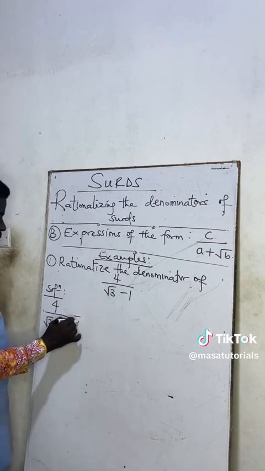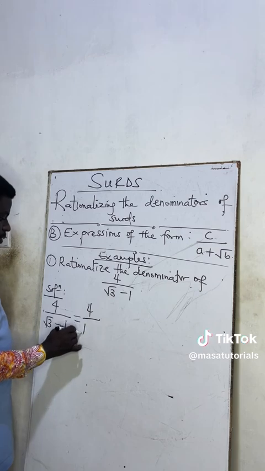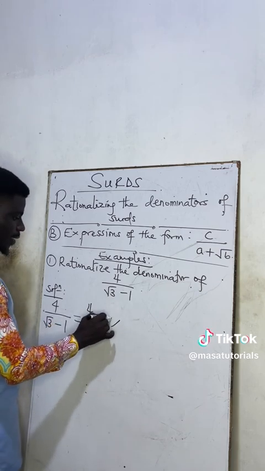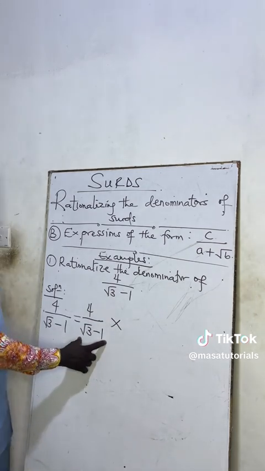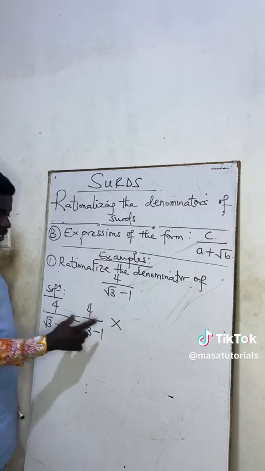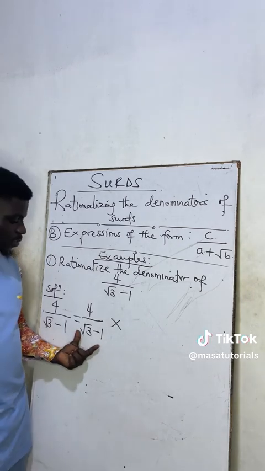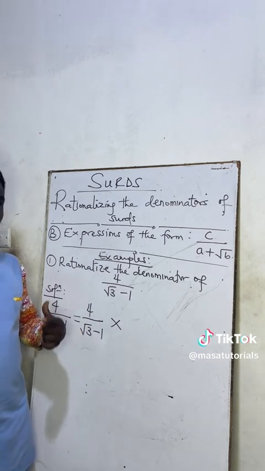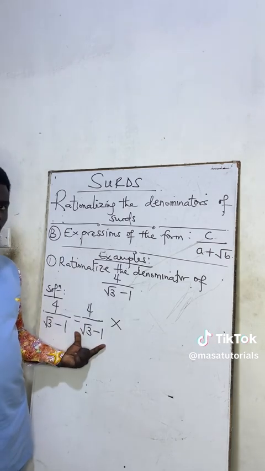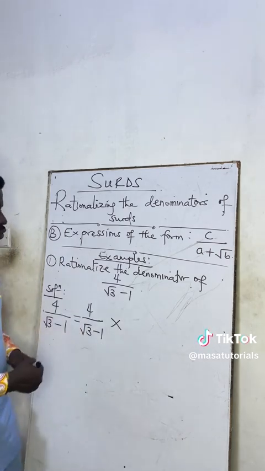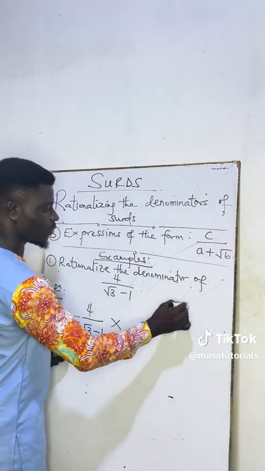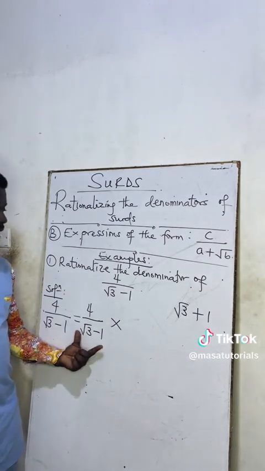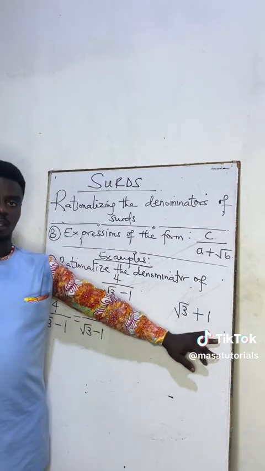So this will be equal to 4 over square root of 3 minus 1, then times the conjugate of the denominator, square root of 3 minus 1. Its conjugate is square root of 3 plus 1.